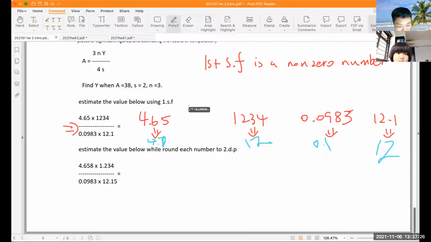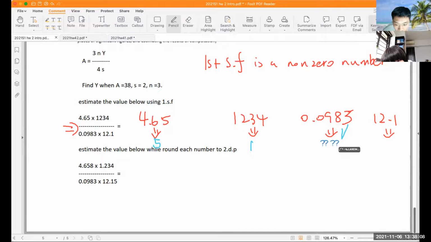By the way, one significant figure, not one decimal place, just to warn you. Okay, good.